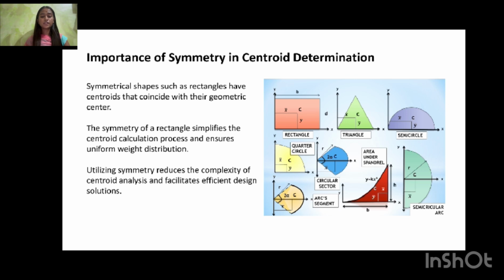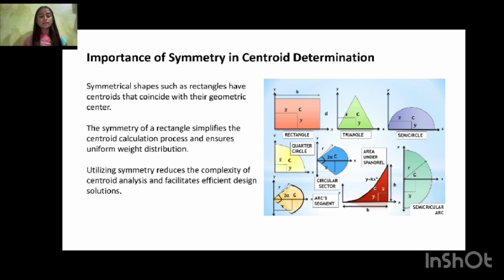Importance of symmetry in centroid determination. Symmetrical shapes such as a rectangle have centroids that coincide with the geometric center. The symmetry of a rectangle simplifies the centroid calculation process and ensures uniform weight distribution.